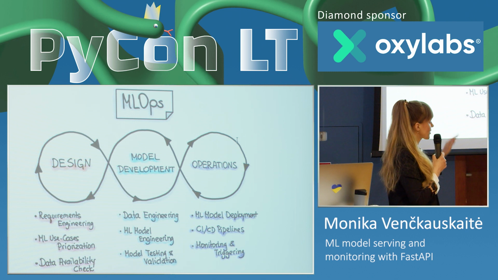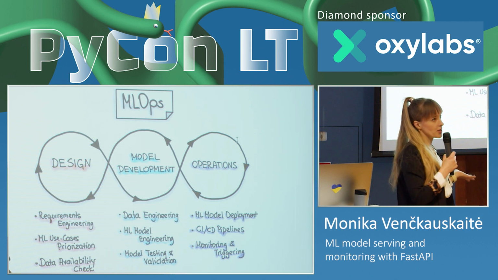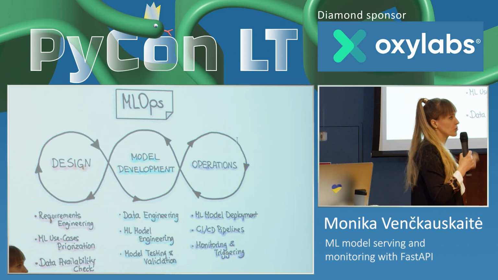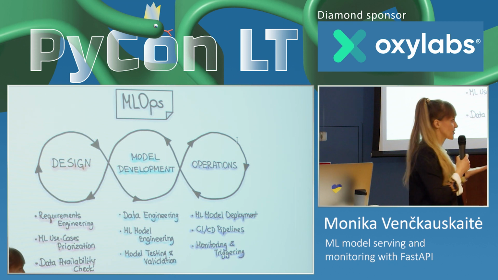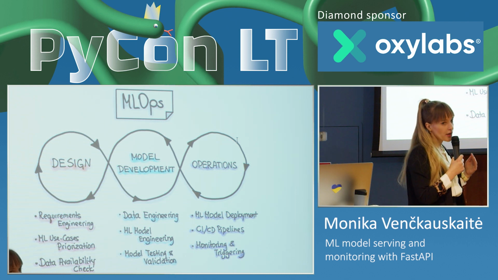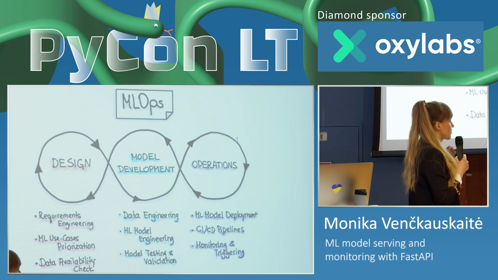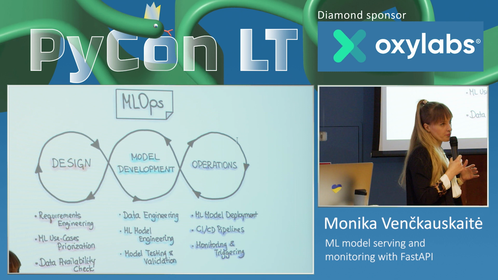In the model development phase, the machine learning engineer works most of the time by himself or herself, and at the end they should assure us that the model is performing the task we intended it to do. So we need to perform model testing and validation.